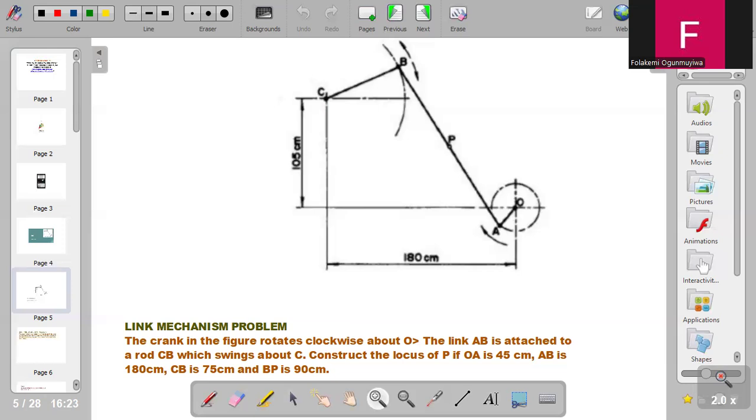The link AB is attached to a rod that swings. So construct the locus of P.